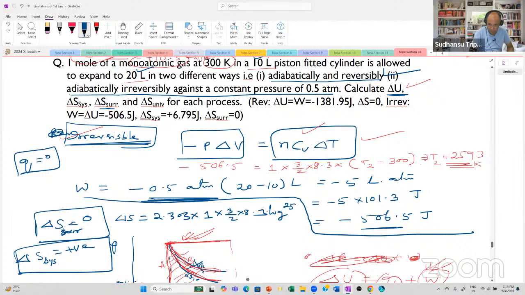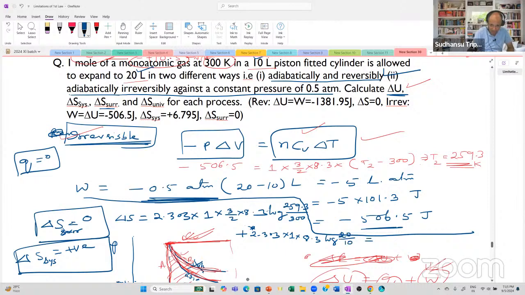T2 is 259.3, the final cooling temperature, and T1 is 300, plus 2.303, or if you have ln, you may not write 2.303, straight away go for ln. So n is 1, 2.303 n into R is 8.3, log V2 by V1. V2 is 20, V1 is 10.